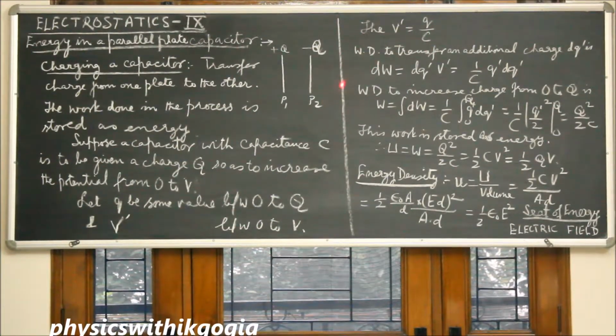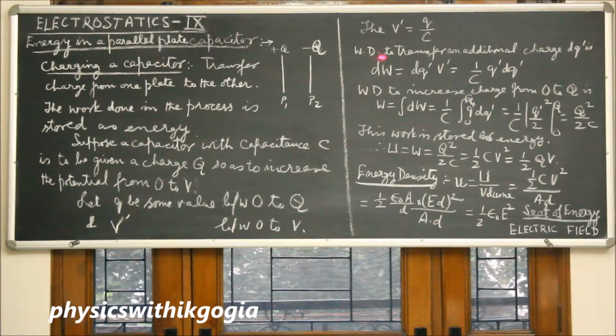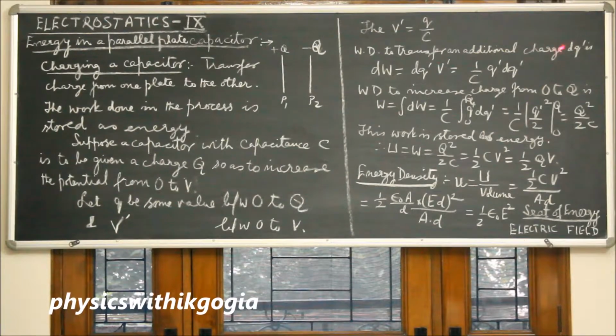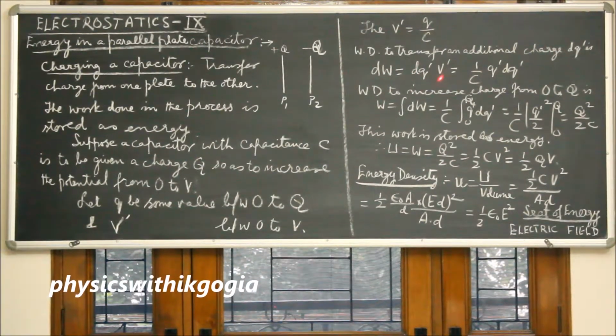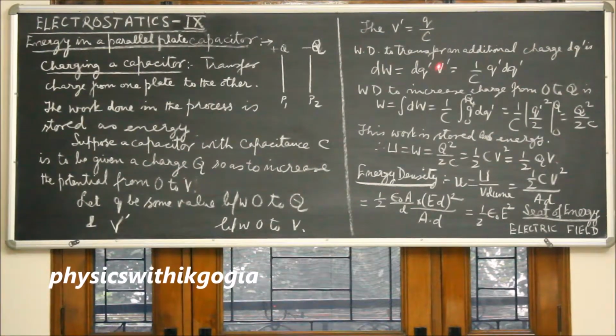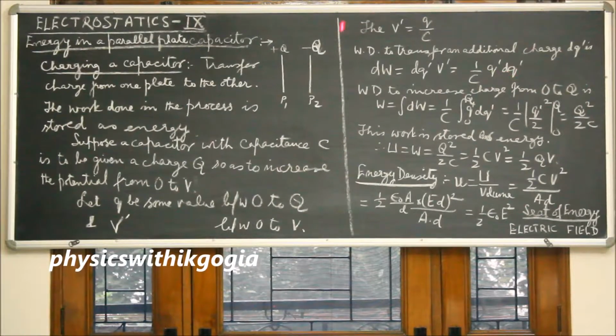Now if you want to transfer an additional charge dQ' at this stage, work done to transfer that charge will be given by dW is equal to dQ' V'. Substituting for V', you get 1 over C Q' dQ'.